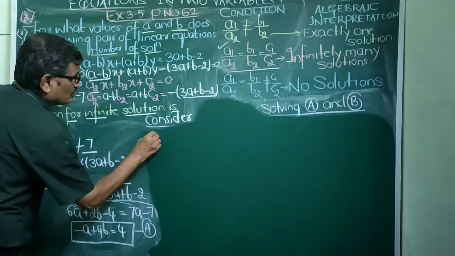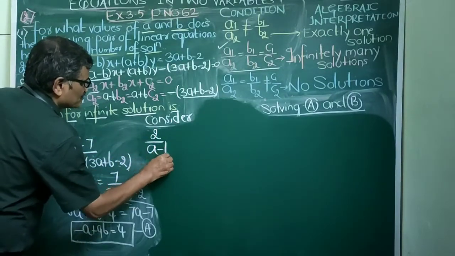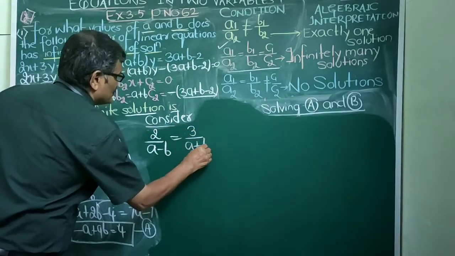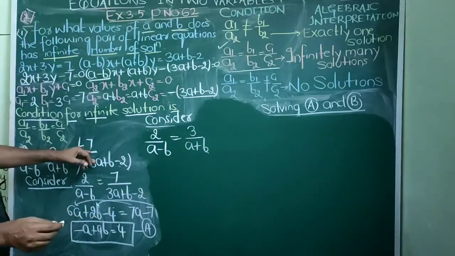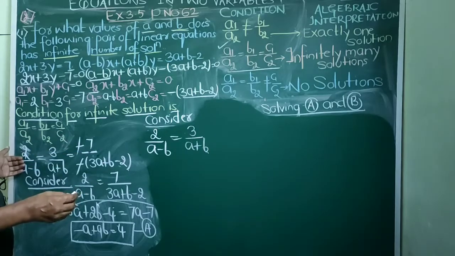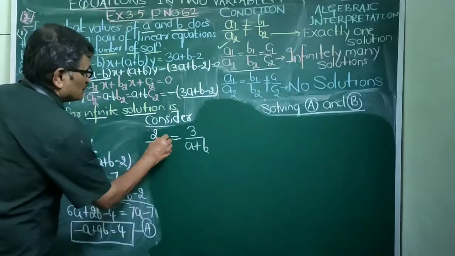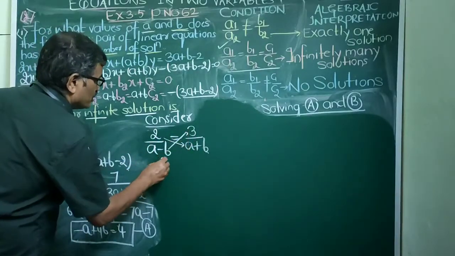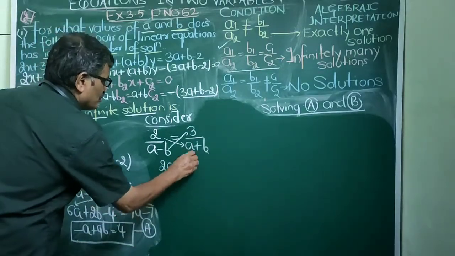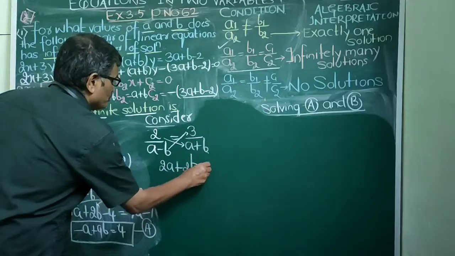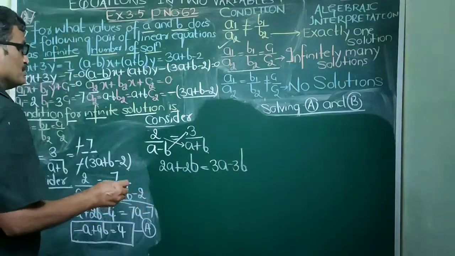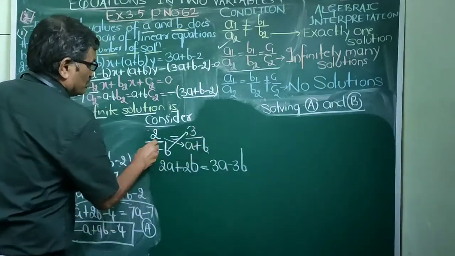Now let us consider 2 by A minus B is equal to 3 by A plus B. In the first case, we have considered the first and last. Even if you want, you can consider the second and the third also. Now in the second case, I am considering the first and the second. If I cross multiply, then this becomes 2 into A is 2A plus 2B is equal to 3A minus 3B.